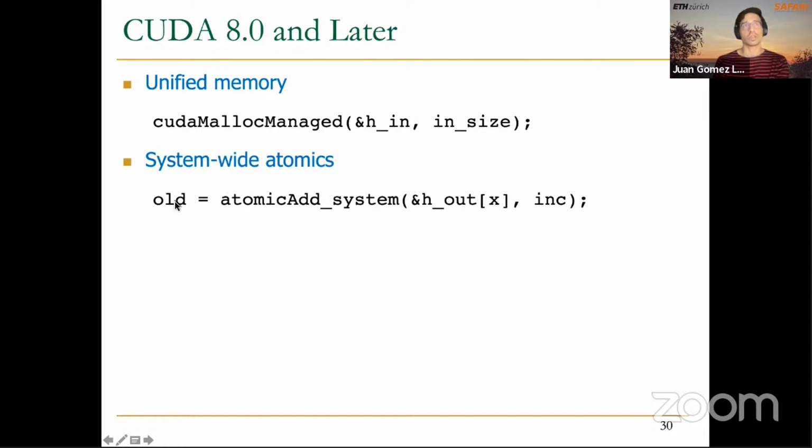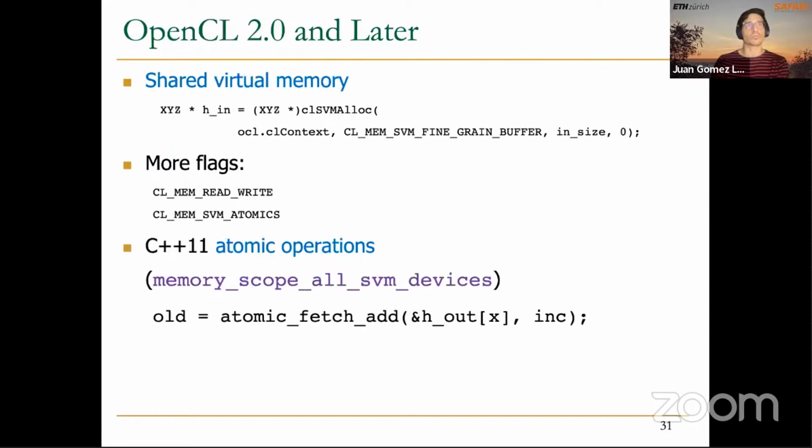As you see here, this is the syntax of the system-wide atomics on the GPU side, and it's actually quite similar to the original atomics in global memory or in shared memory. The only different thing is that we have added this system suffix to clearly identify that these atomic operations are in the unified memory.